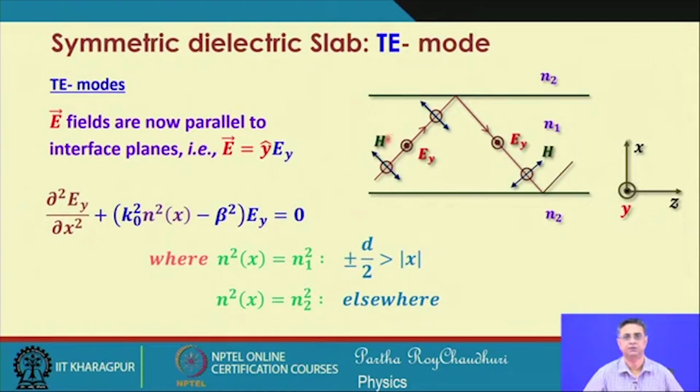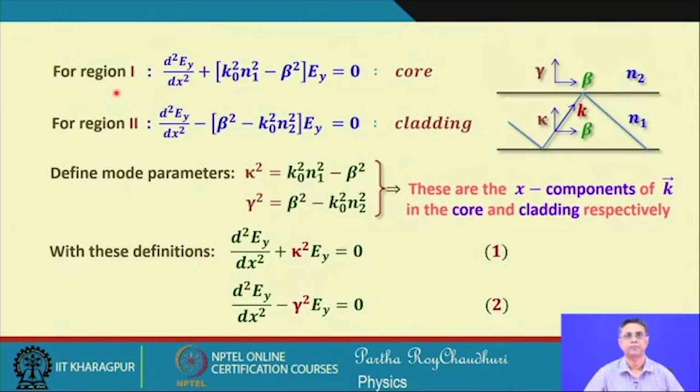So, it will give rise to two components, and Ey comes through this Helmholtz equation, that is del square Ey by del x square plus this quantity into Ey equal to 0. So, this is the mathematical representation of the refractive index profile and the wave equation for this structure, as long as we are concerned with the TE modes.